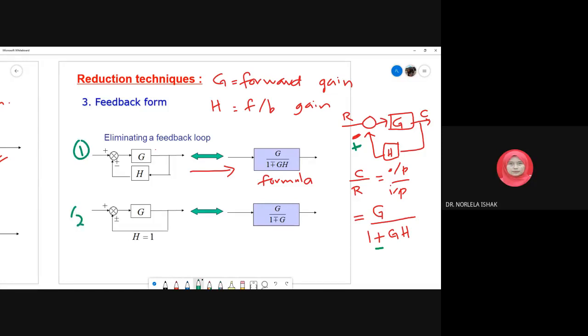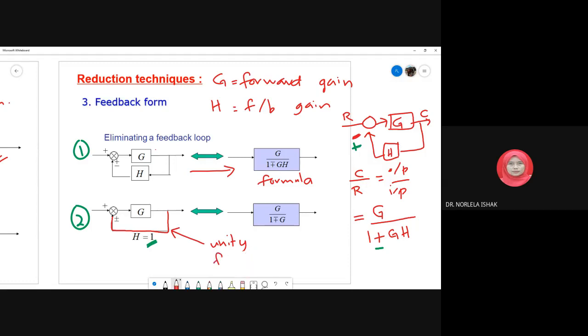This is considered similar to this one. How about the second feedback? This is also a feedback, but the feedback element equals 1. Because this is without gain, or without a block, we call it unity feedback.